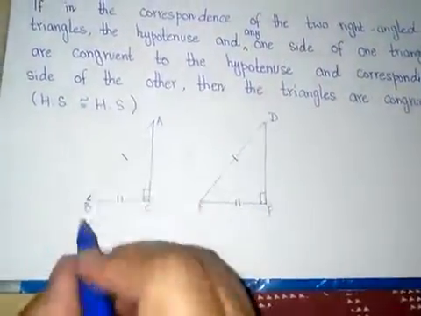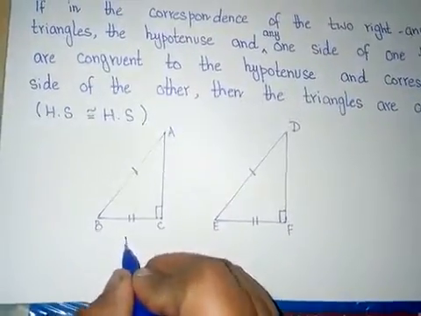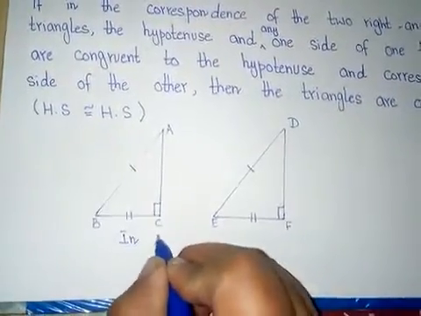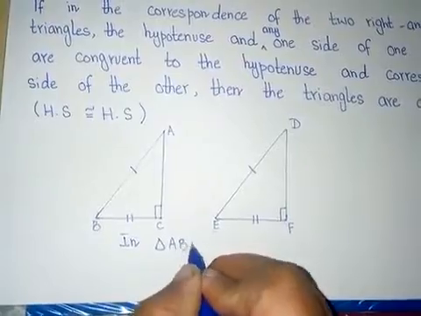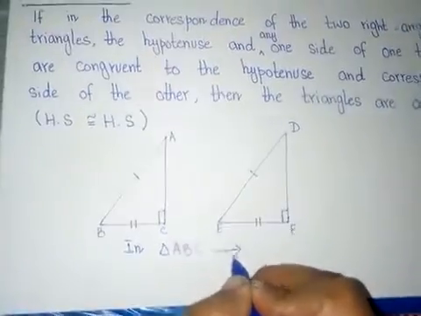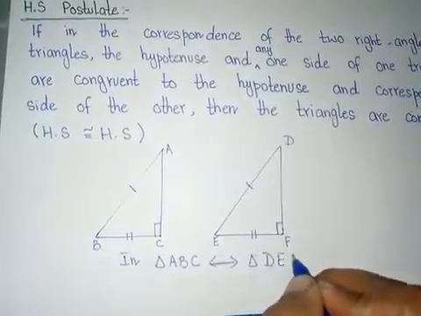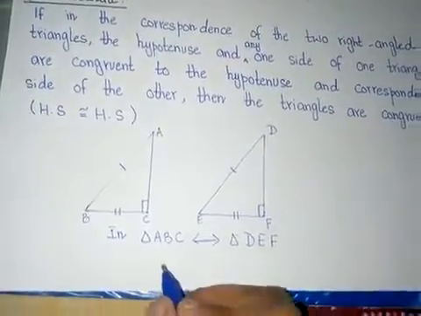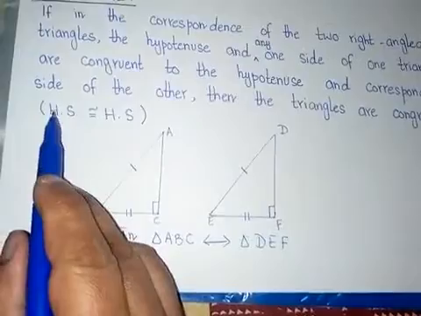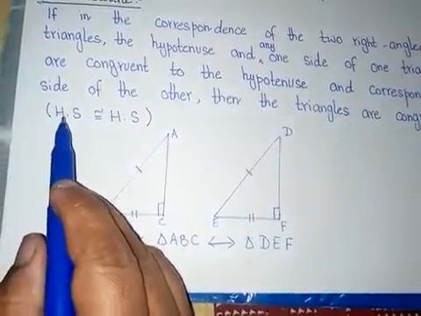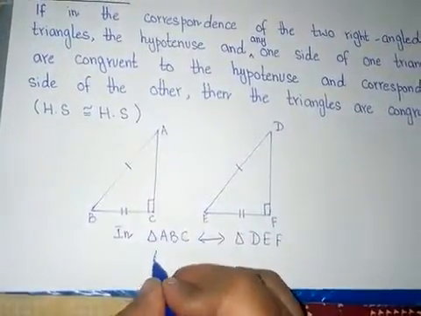Here, first of all, I will write in triangle ABC, correspondence, we are taking the correspondence, triangle DEF. Again, hypotenuse is compulsory because H is in the name. So hypotenuse is compulsory.